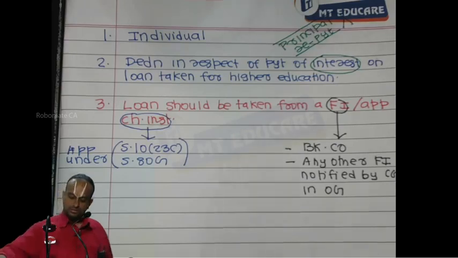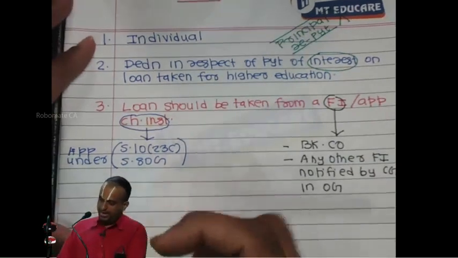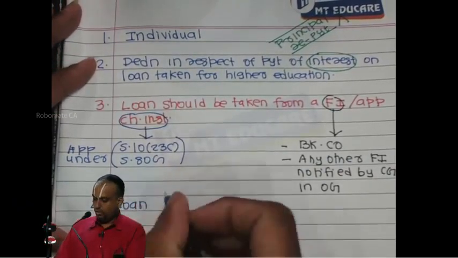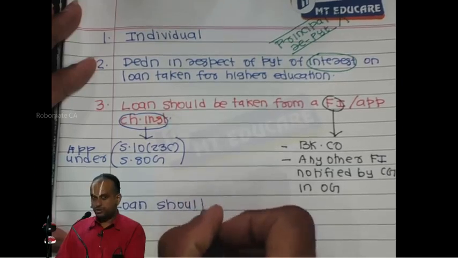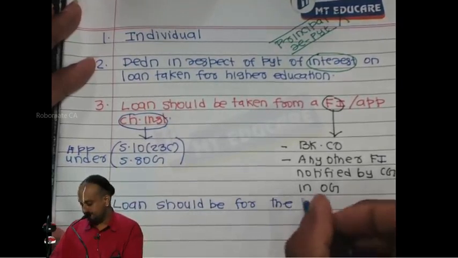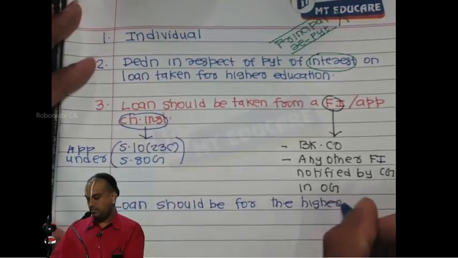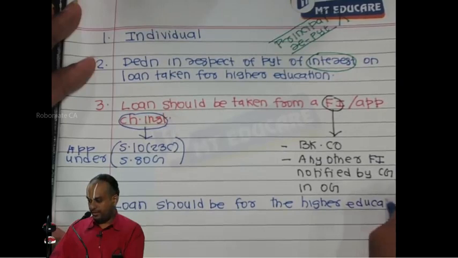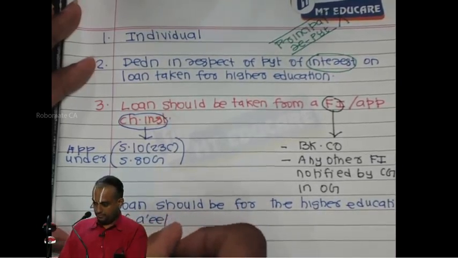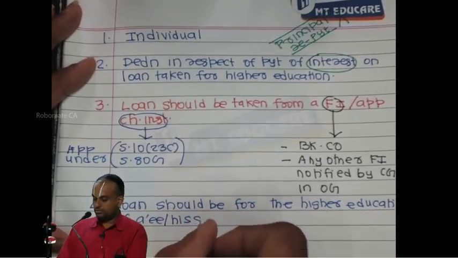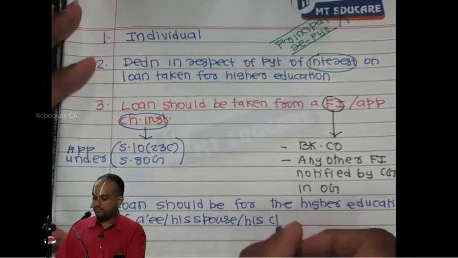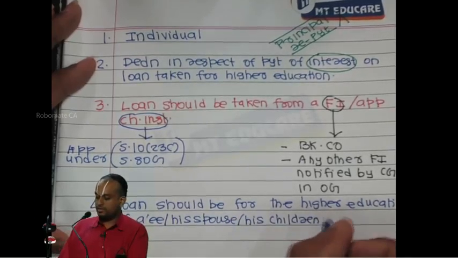Here, the loan should be for the higher education of the assessee or his spouse or his children. No restriction on the number of children, Shivamani.